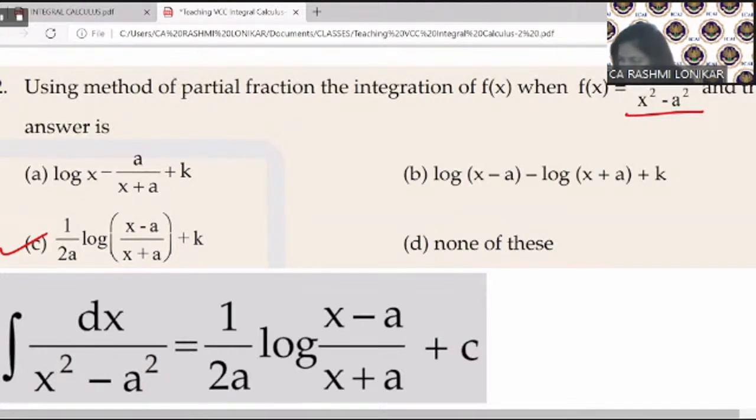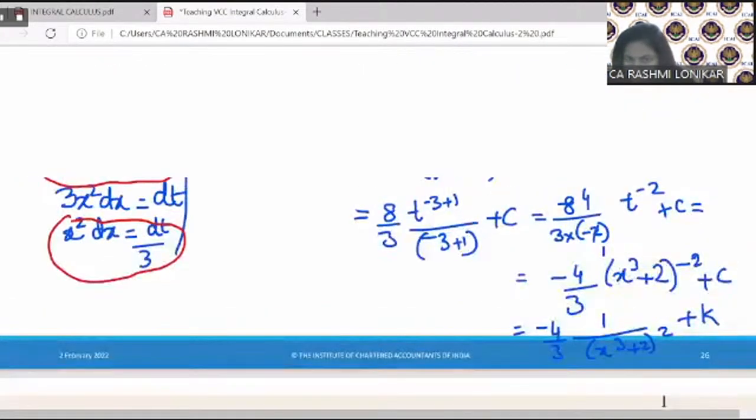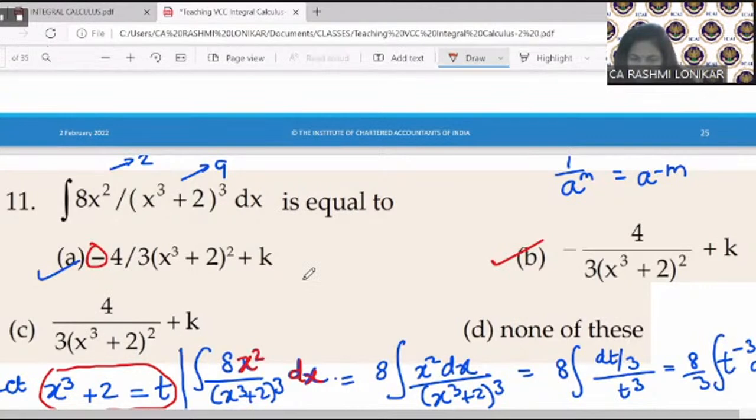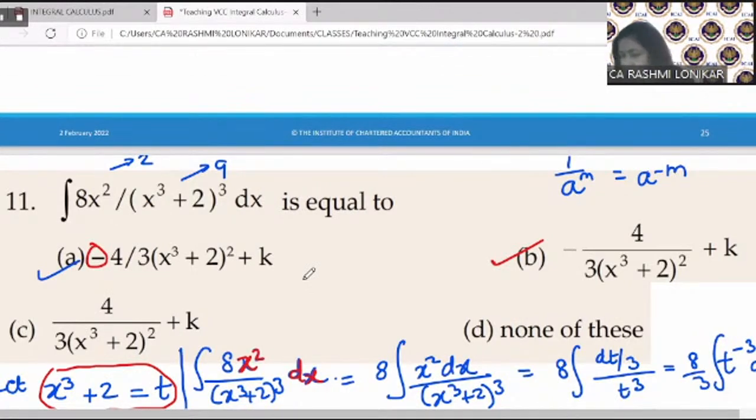Vidya, let me check. Okay. Vidya, that is why in printing you may feel that this is in the numerator, but actually you can have it like this.